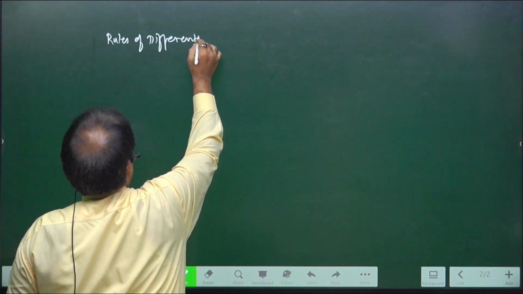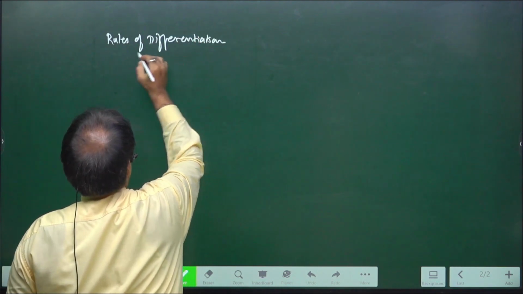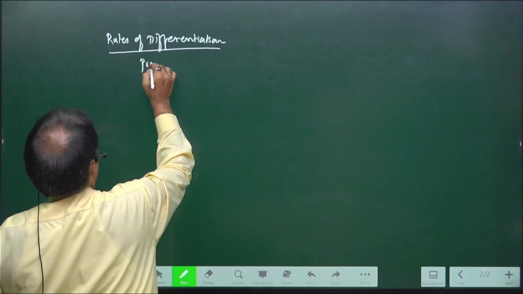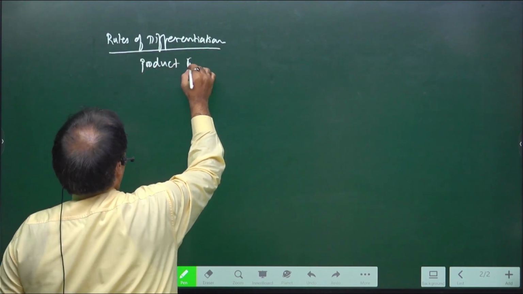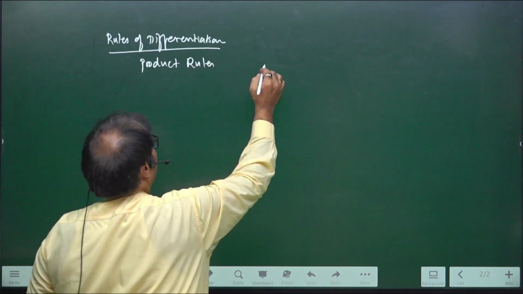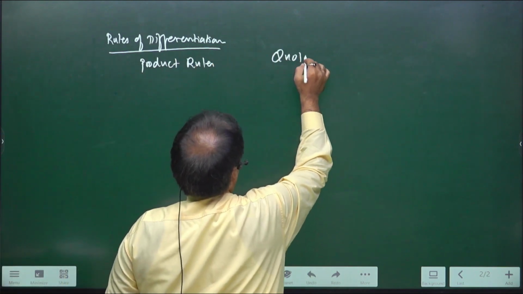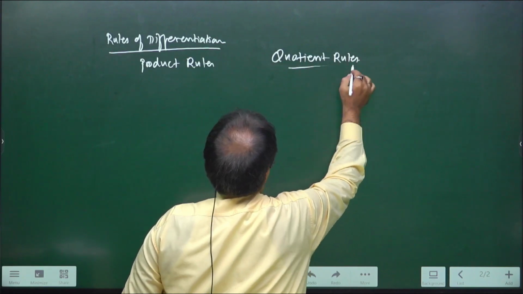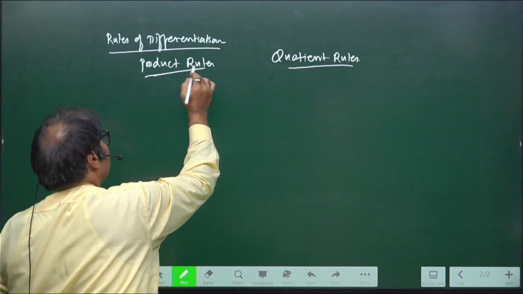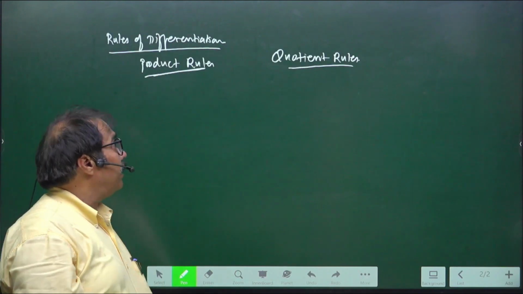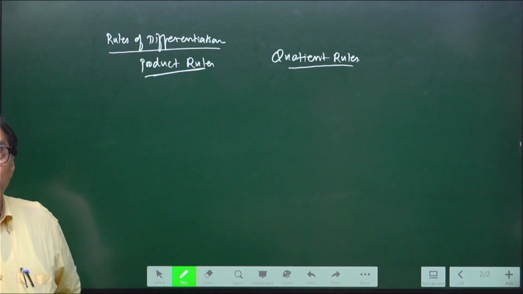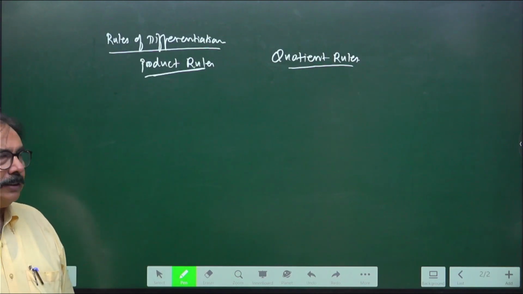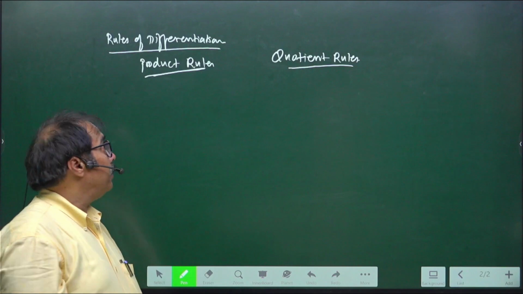There are two rules, the product rule and the quotient rule. If both of these rules are clear to you, then we can simplify the exercises very easily, right?